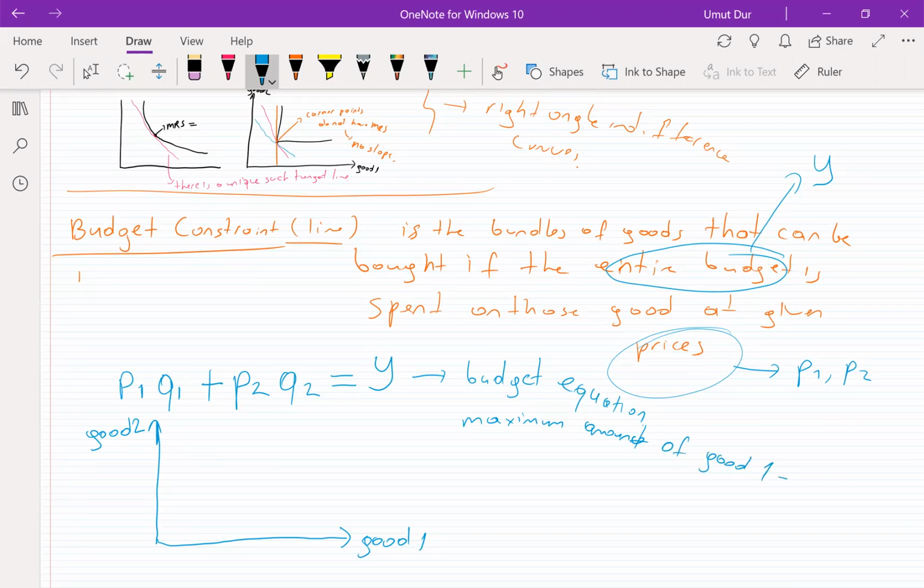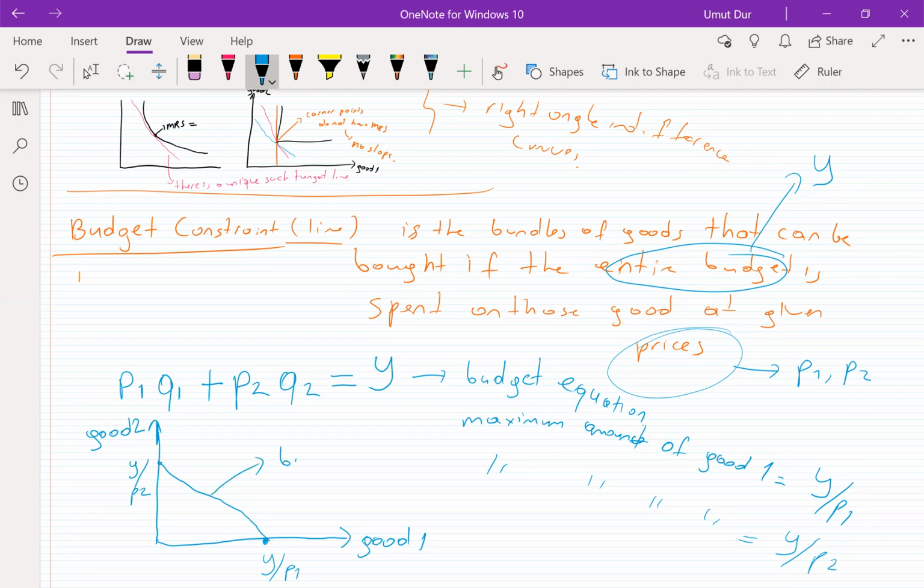What is the maximum amount of good one that you can consume with this budget? It is y over p1, and the maximum amount of good two that you can consume is y over p2. I just point those maximum amounts here. It's y over p1, this is y over p2, and I'm just connecting those two points.